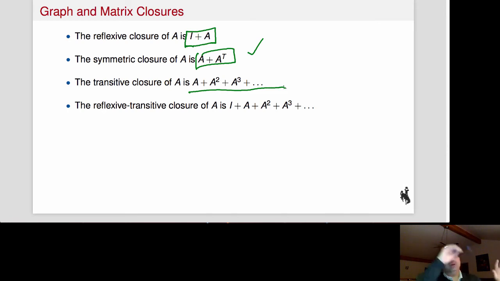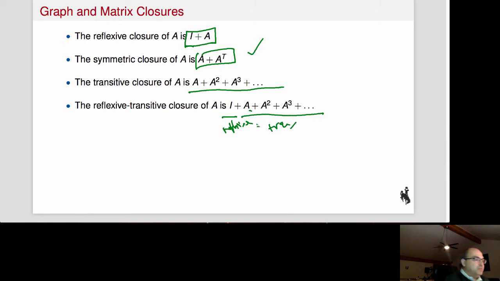A cubed then will be all the nodes that I can reach in 3 steps, and so on. And I'm just taking the ors of those, which means add the matrices. Okay. Reflexive transitive closure. Well, that's just the transitive plus the reflexive, right? So easy enough to do. We got the whole thing.